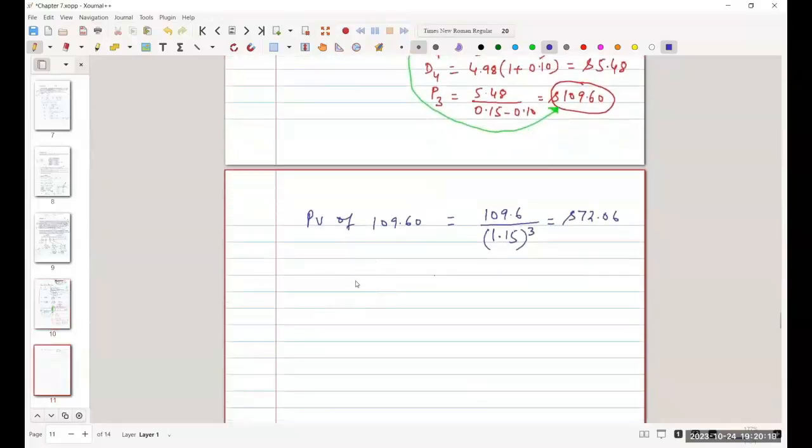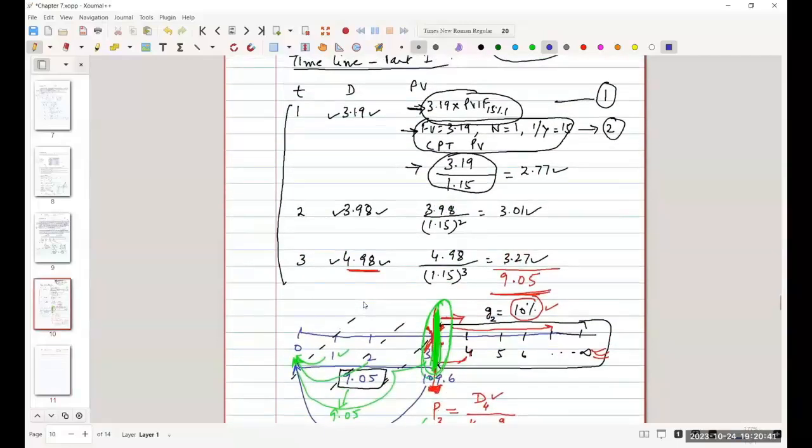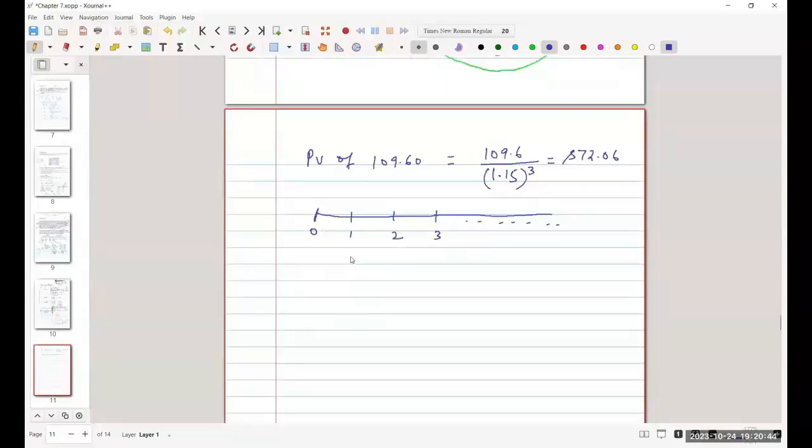Let's finish this first. Let's just again have a visual. Neat visual this time. 0, 1, 2, 3, and then this thing goes on. Let's just note down the values. 3.19 taken back, 3.98 taken back, 4.98 taken back.